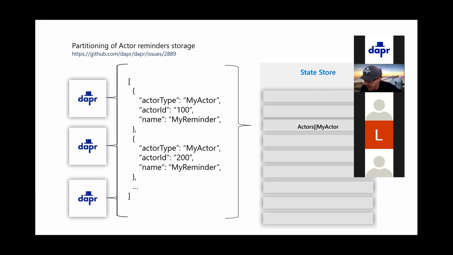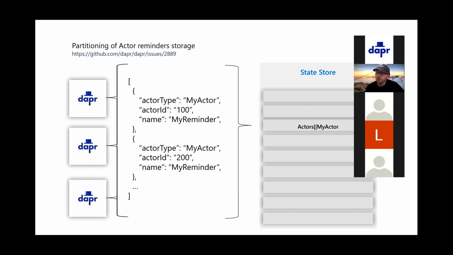As you can imagine, there are at least two problems with this approach. The first problem is that it can cause some delay on creating a reminder because it will require writing this record. And if there are multiple writes happening in parallel, that can be a race condition. So we fixed that a while back by using e-tag.